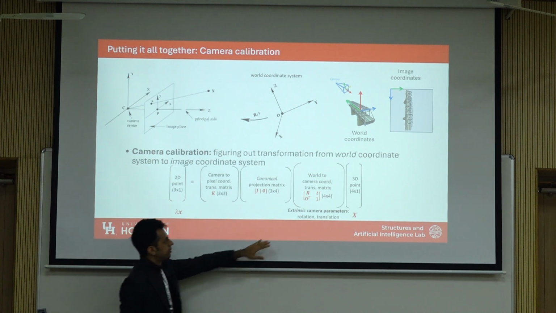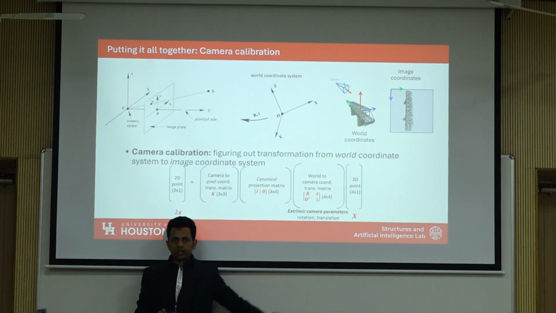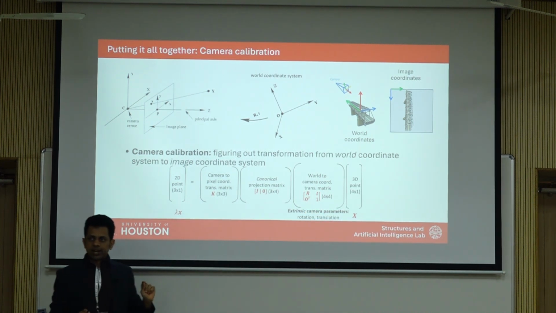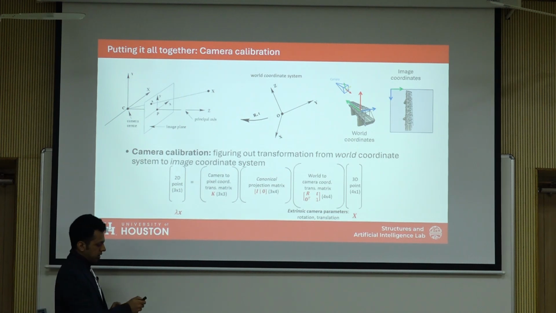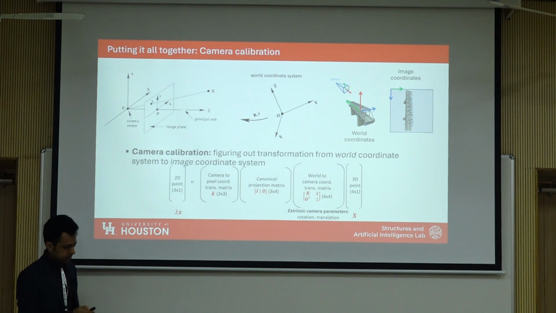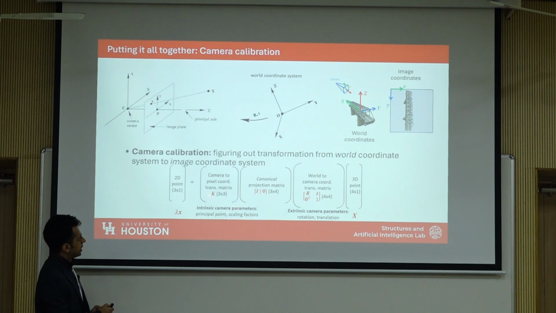So this matrix, which represents the transformation from the world to the camera coordinates, is called the extrinsic camera matrix, and parameters R and T are called the extrinsic camera parameters. And then we have the intrinsic camera parameters, which represent the transformation from the camera to pixel coordinates.